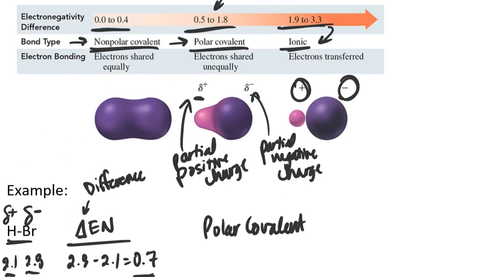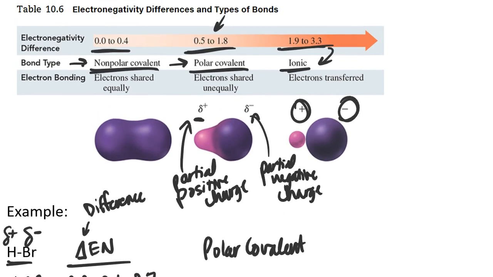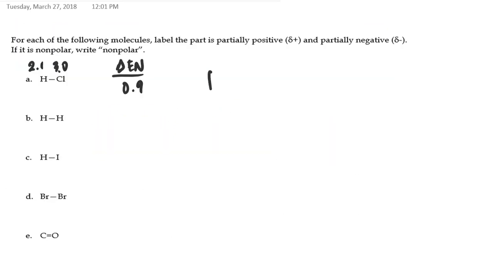If I consult my chart, then 0.9 falls in the range of a polar covalent bond. Since hydrogen has the lower electronegativity, it would have a partial positive charge, and since chlorine has the higher electronegativity, it would have a partial negative charge.